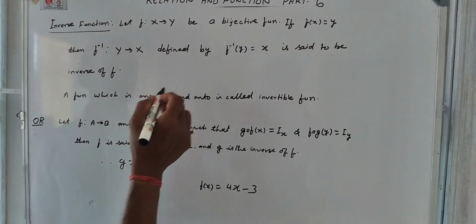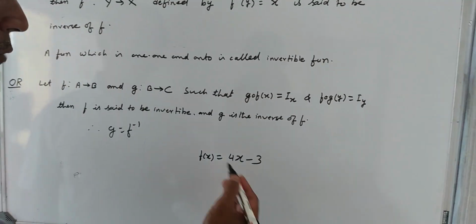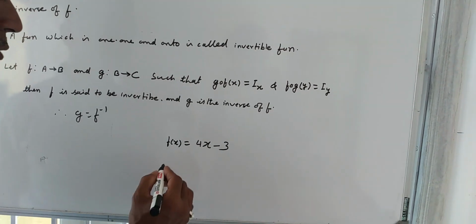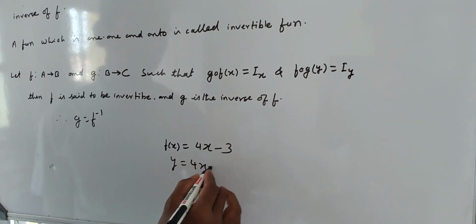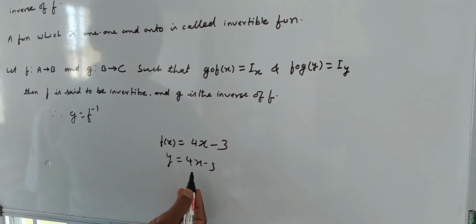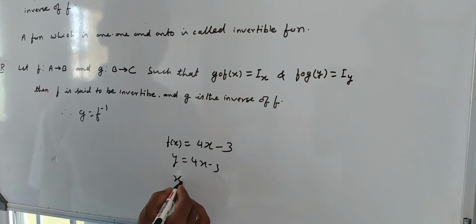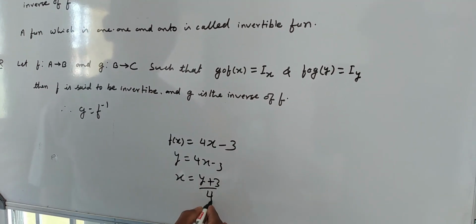So simply, suppose f(x) equals 4x minus 3. If it is one-one and onto, you have to find f inverse. You know f(x) equals y, that is 4x minus 3. Now you find x in terms of y. So x is equal to (y plus 3) by 4.